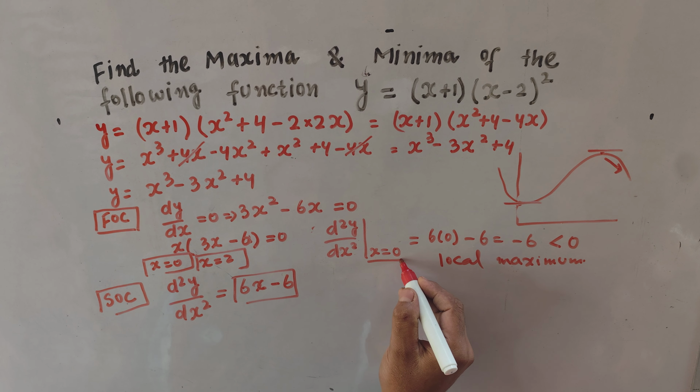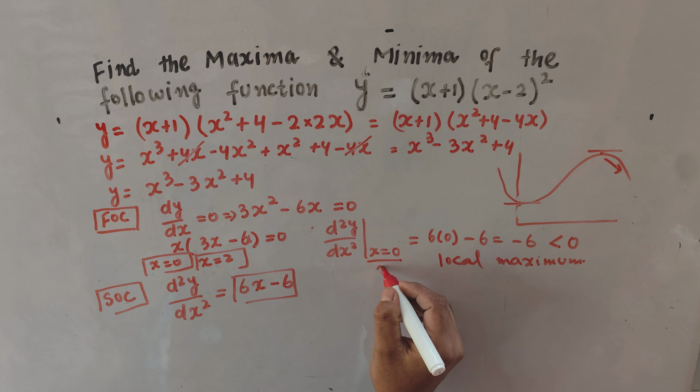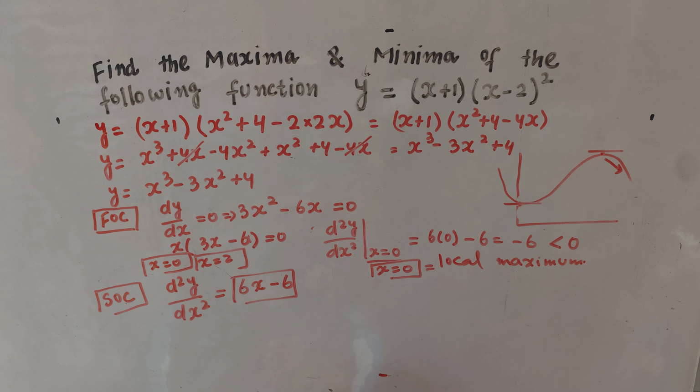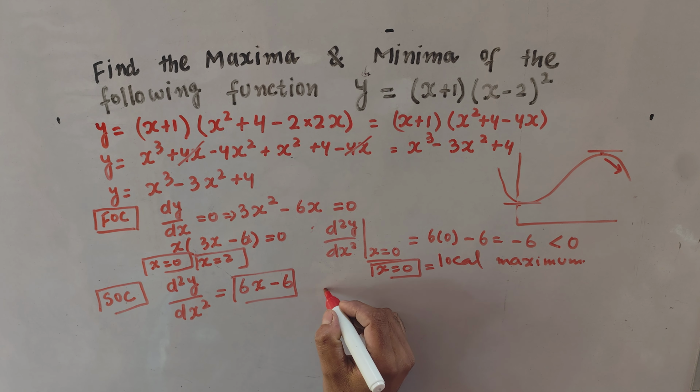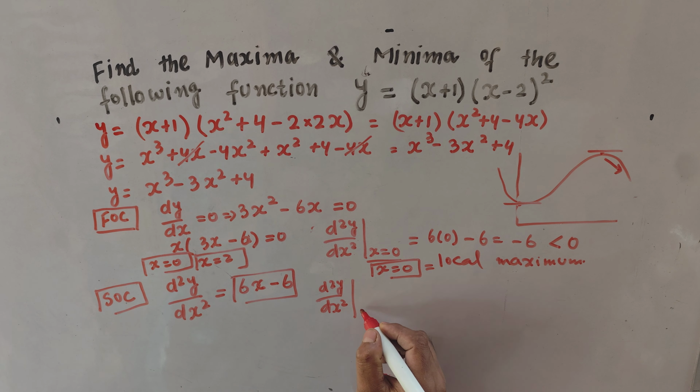So when x is equal to 0, the function reaches its local maximum.